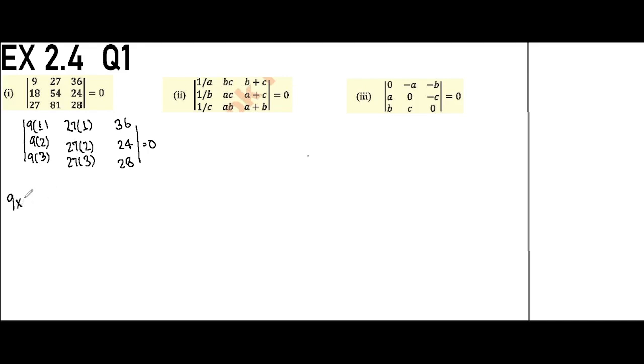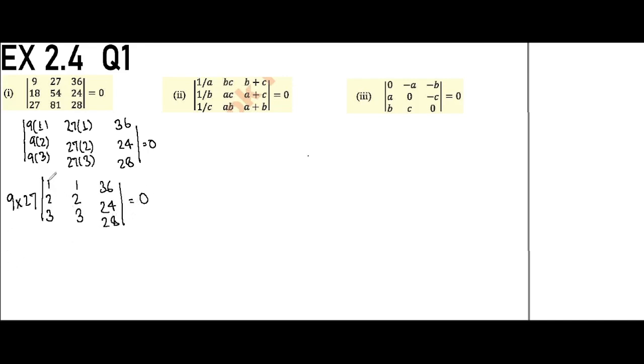So 9 into 27. We have brought them outside of the determinant matrix, and inside we are just left with these numerals. So we have 1, 2, and 3 over here left, and 1, 2, and 3. And then we have 36, 24, and 28 as it is. And this is equal to 0.